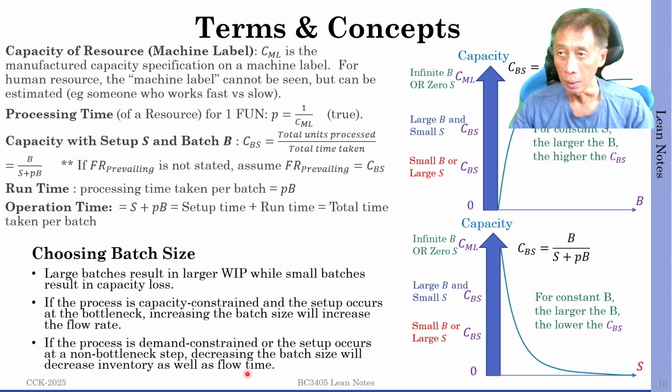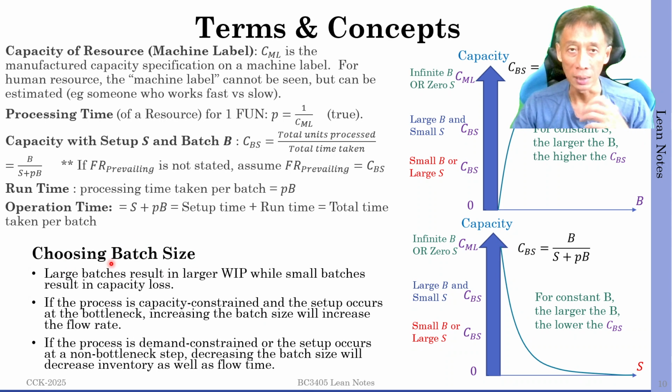Okay. Now, this is the last slide, but I just want to add one more note about the ease of control between setup and batch. So here we keep talking about choosing batch size as if we can change it very easily. And it's true, right?